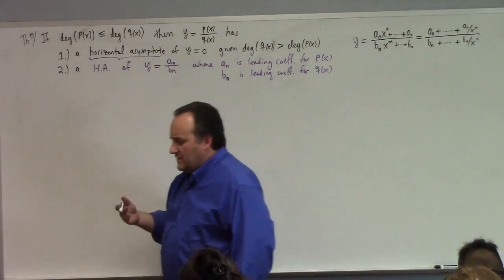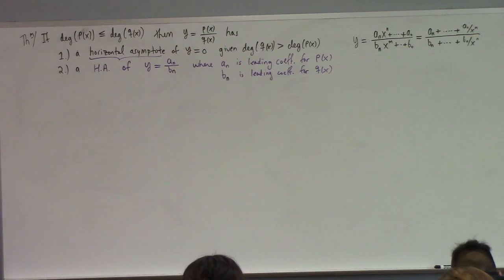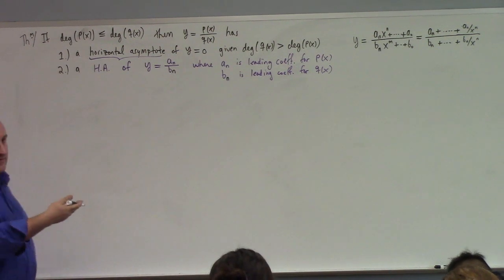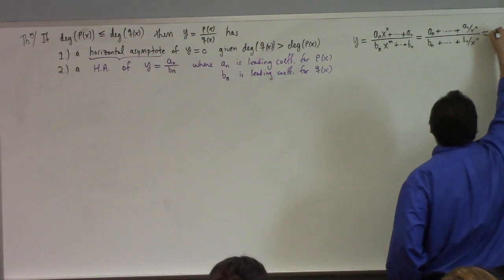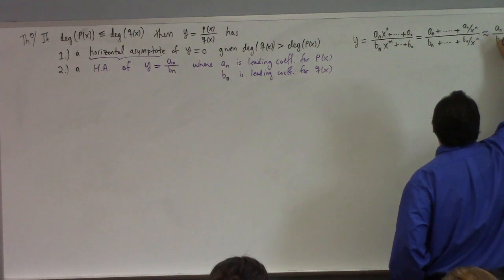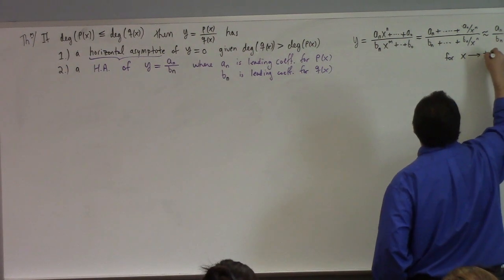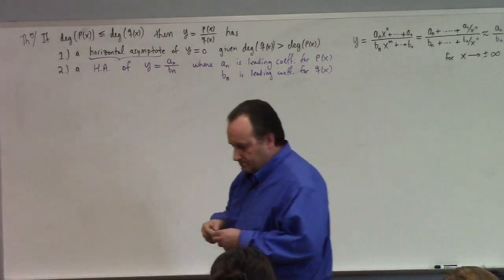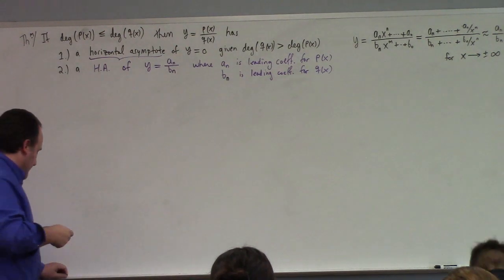My point to you is in this formula, everything is going to 0 except for the leading terms. If you just divide by x to the n, this is approximately equal to a sub n over b sub n for x going to, let's say, plus or minus infinity. So that's the story. Let me show you some examples of that.